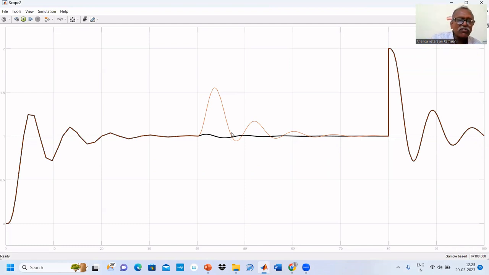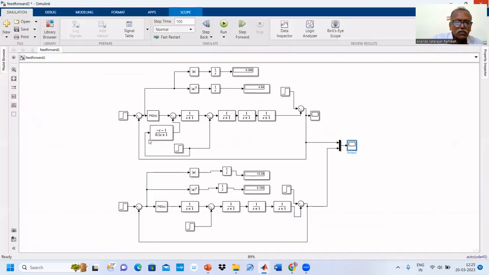Here it is the combination of feedback and the feed-forward controller. The disturbance for which the feed-forward controller is designed gives better dynamics than feedback only. That we can see now. That is the response that we have seen.